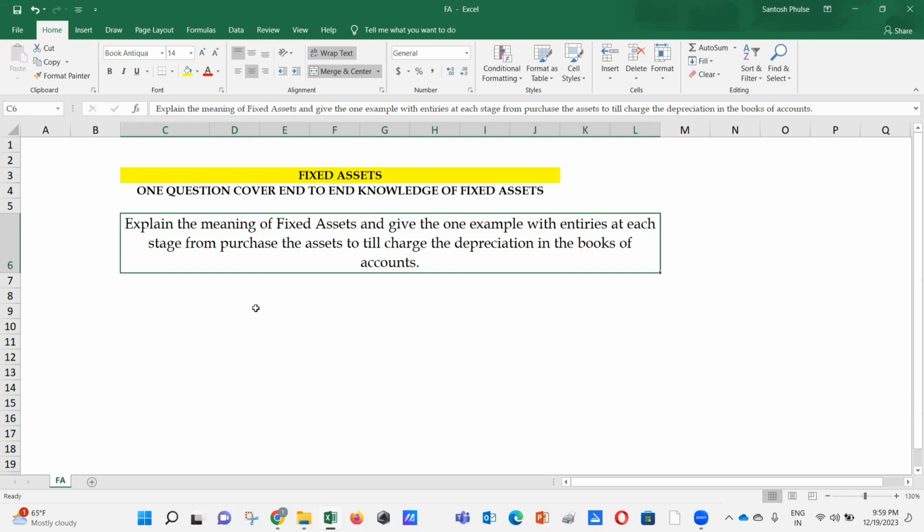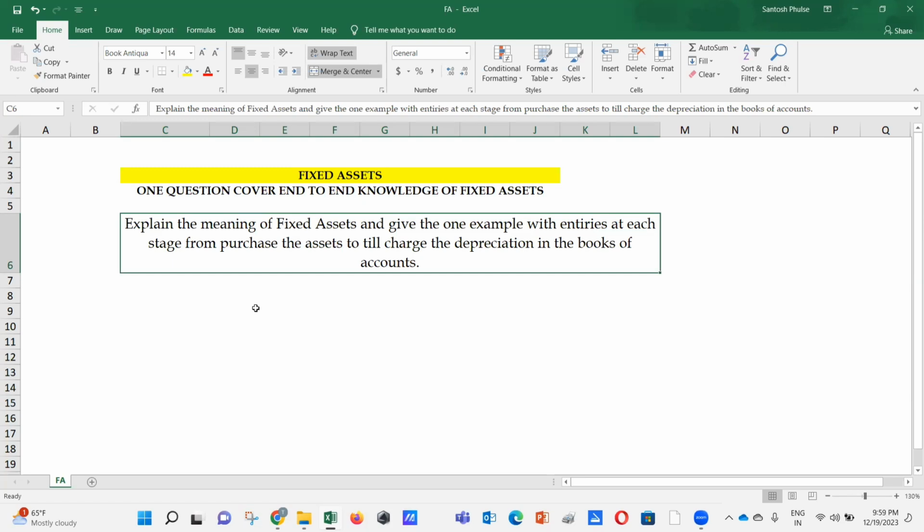If someone asks why we are parking into work in progress instead of directly charging to the asset account, the answer is that each and every asset we have to park in CWIP instead of straightaway capitalizing it, because if any additional cost is incurred for that asset, we have to add those expenses to that asset itself.